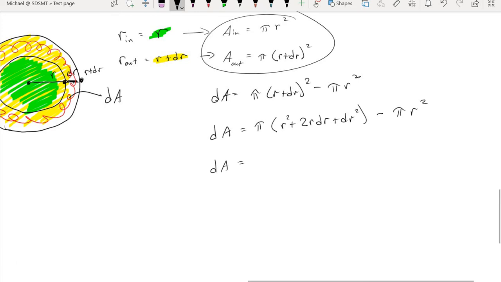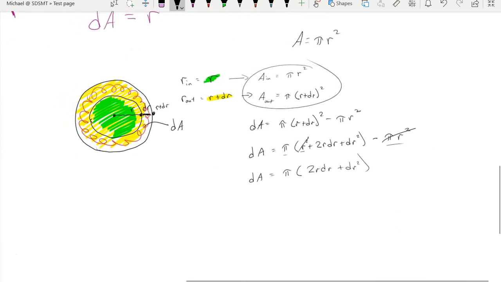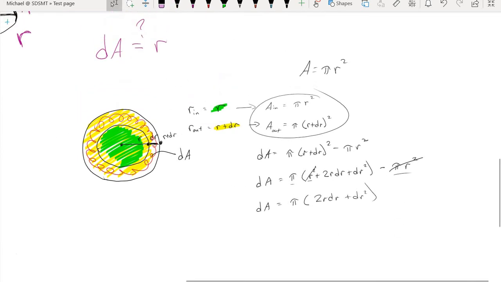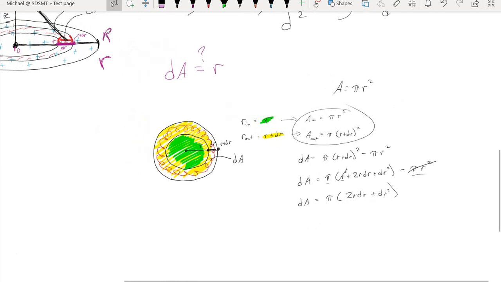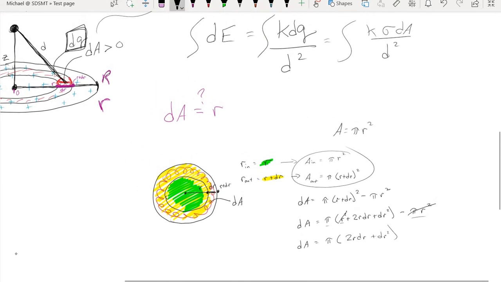And here we actually have some stuff that will cancel out. The pi r squared back here will cancel with the pi r squared up front. And that leaves us with pi times 2 r dr plus dr squared.